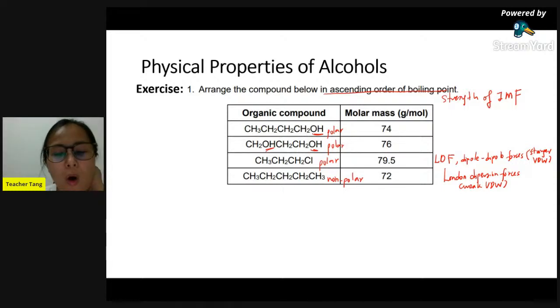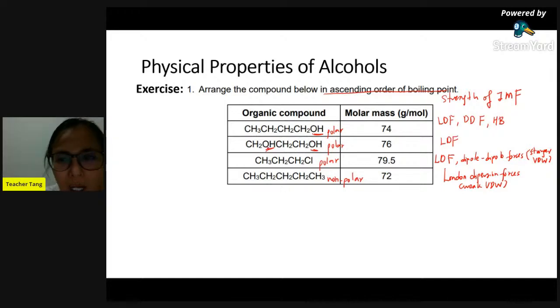So for alcohol, besides having London dispersion forces and dipole-dipole forces, they can also form hydrogen bonds between the molecules using the hydroxyl group. However, can you see that this is a diol?